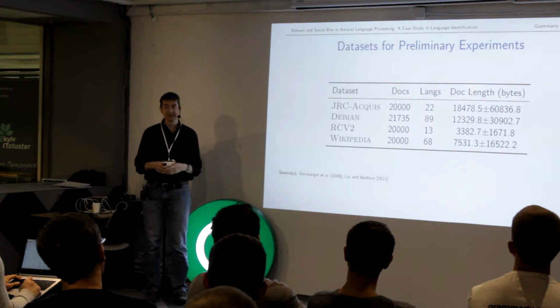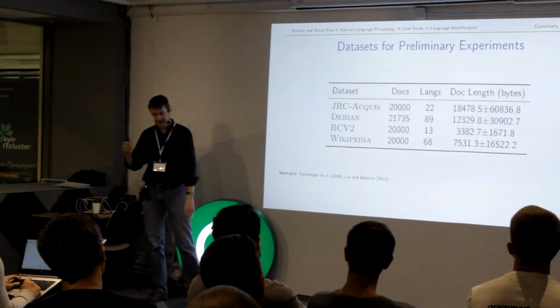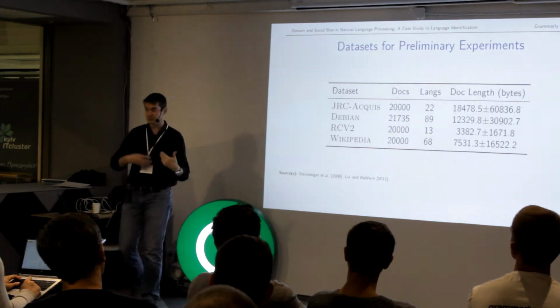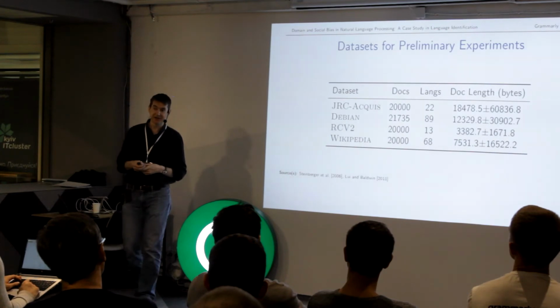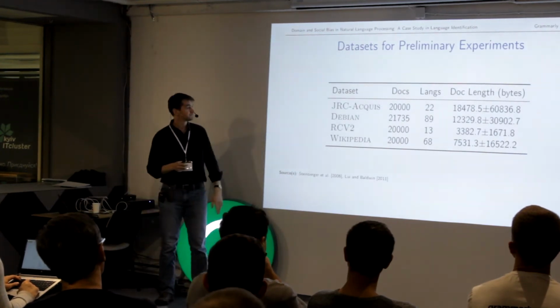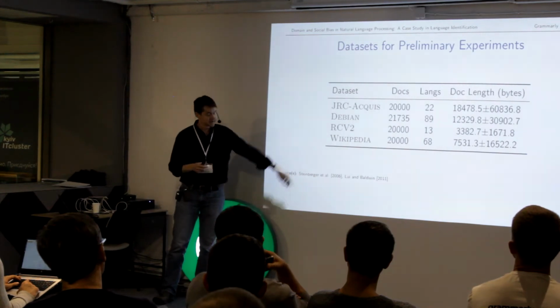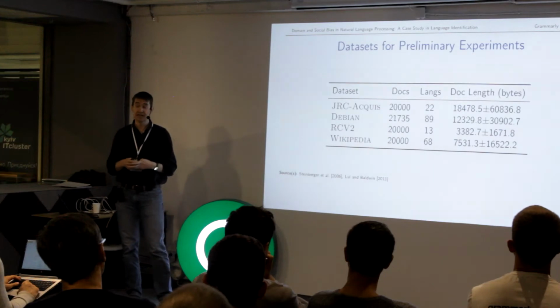So we've got more languages there. So lots of technical prose, very different to JRC Acquis. RCV2 is multilingual Reuters newswire, a similar time period to our old friend the Penn Treebank, slightly later, but fairly similar. So it covers 13 languages, and then a bunch of Wikipedia articles from 68 languages.